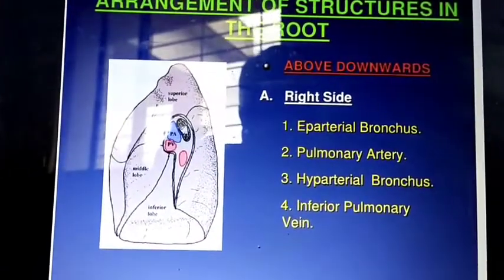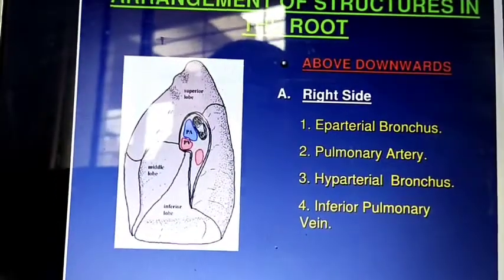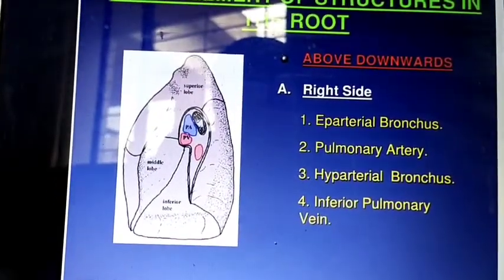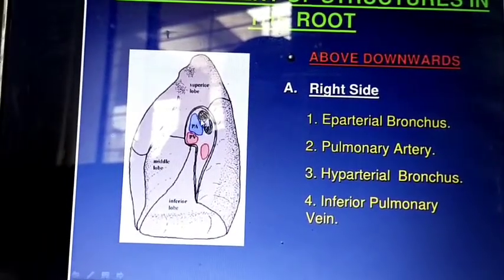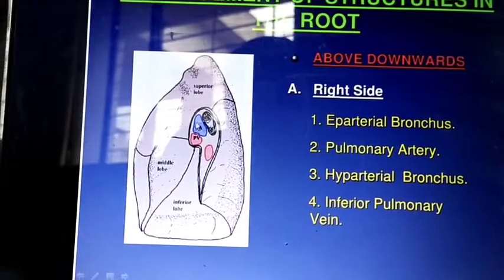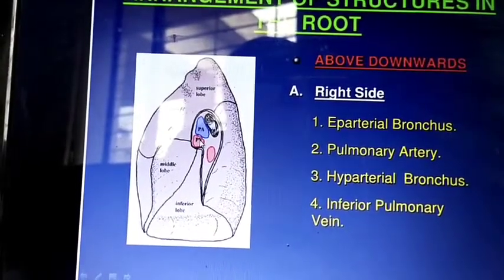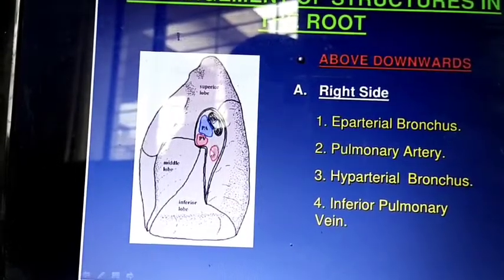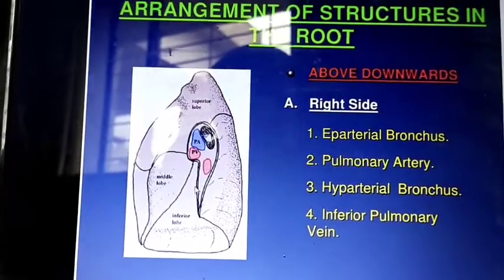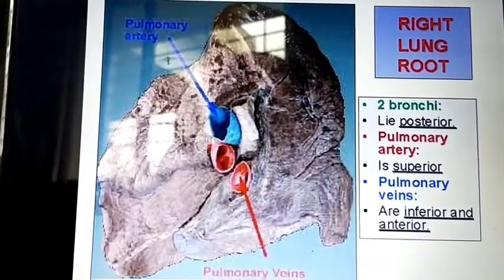Arrangement of structures in the root from above to downwards. On the right side: the eparterial bronchus, pulmonary artery, pulmonary vein, then the hyparterial bronchus and inferior pulmonary vein. These are the arrangements on the right side. Here there is a bronchus divided before, giving two bronchi, and the bronchi lie posteriorly.